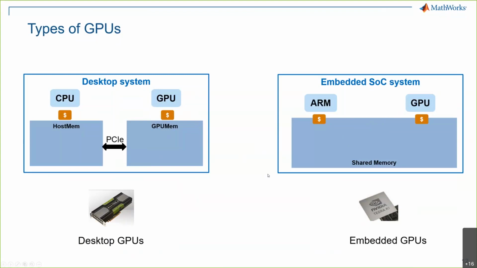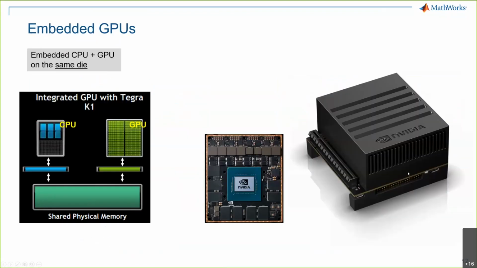This is one of the embedded GPUs, which is a Nano, and its size is, if you have seen an Arduino board, almost the size of the Arduino board, and it has a GPU and a CPU just in this small piece of hardware. So it is used for deployment on the edge devices.